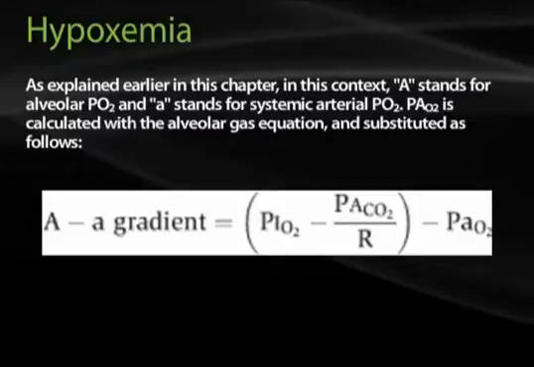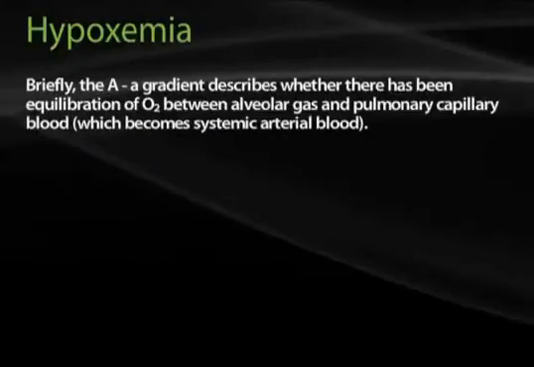The alveolar PO2 we calculate using the alveolar gas equation. The AA gradient describes whether there has been an equilibration of oxygen between alveolar gas and pulmonary capillary blood, which eventually is going to go on to become systemic arterial blood.